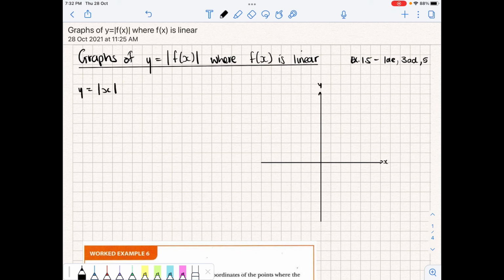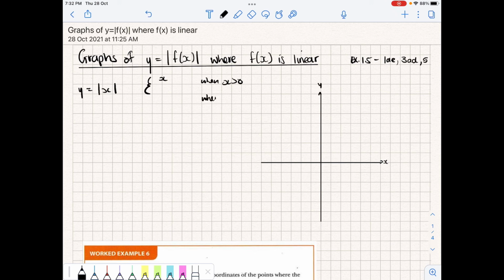Now, we need to take into account that the modulus can differ depending on what the value of x is. And so, like we did algebraically, we can say, when x is greater than 0, in other words, when it's positive, |x| will be x.